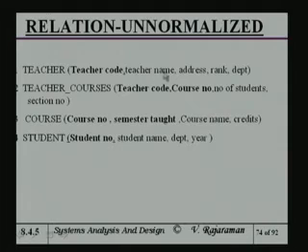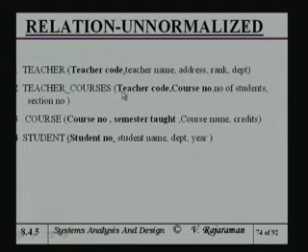The non-key attributes are not related to one another, because the teacher code determines the department he is in, because we said that a teacher belongs to only one department, not to multiple departments. Of course, name, address and rank depend upon the teacher code.